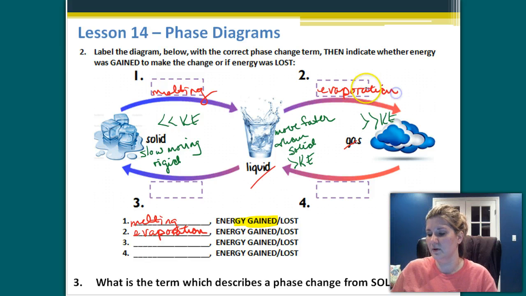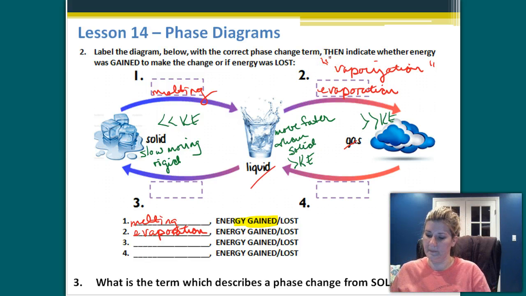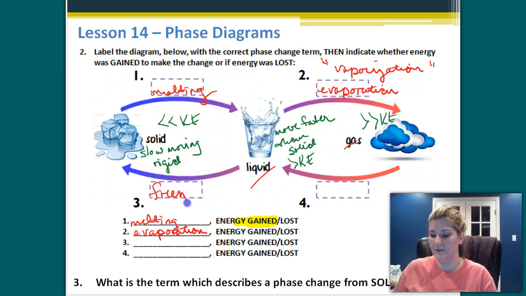Also sometimes called vaporization. Okay. Number 3. We go from a liquid to a solid. That's, of course, the opposite of melting. That's freezing. And a gas to a liquid, this is called condensation.